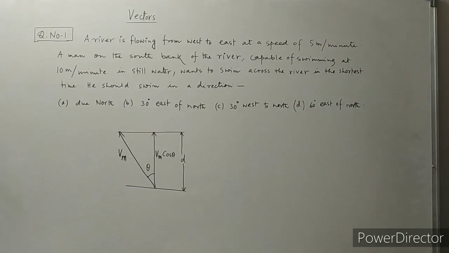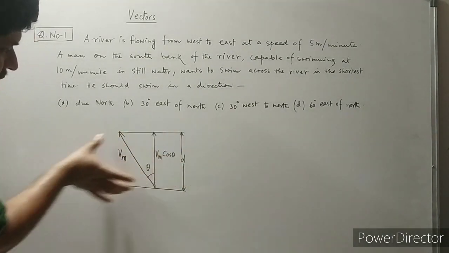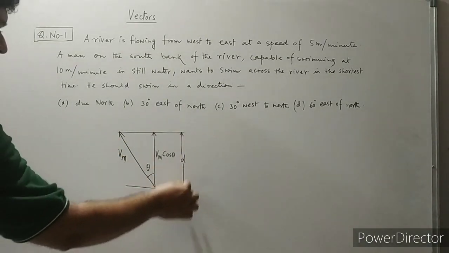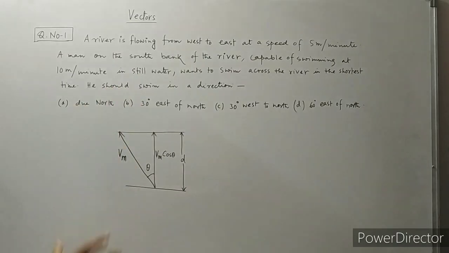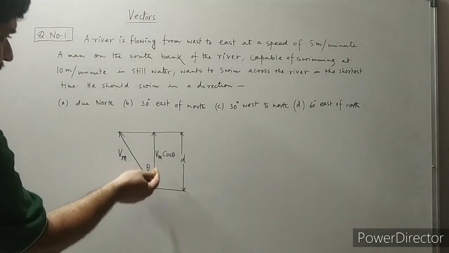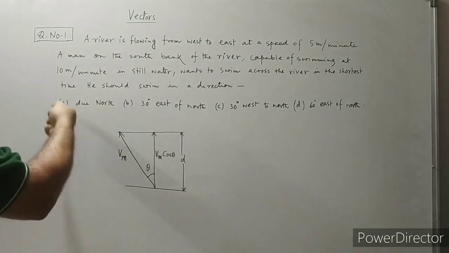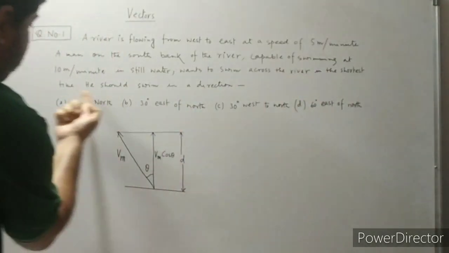So that was our question. Just we have made one diagram so that you can understand. Suppose this is our river, and the distance between two banks is small d. Now in the question the man wants to swim across the river in the shortest time.